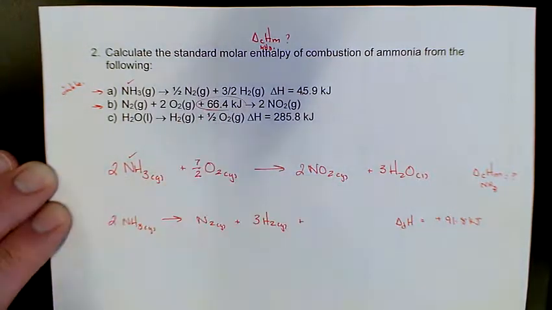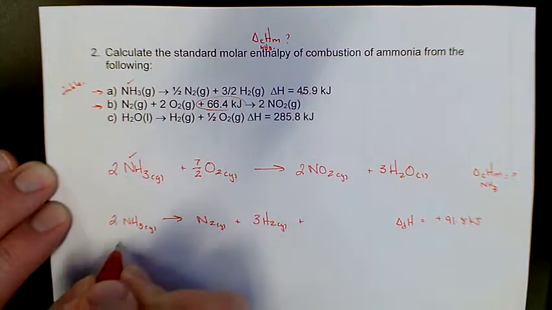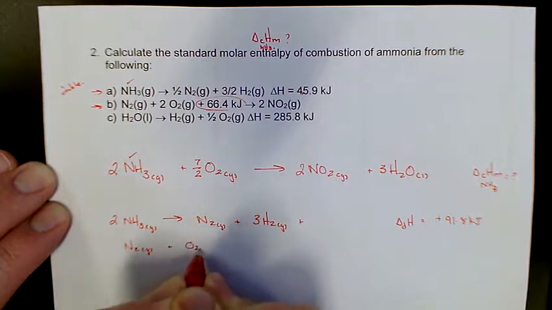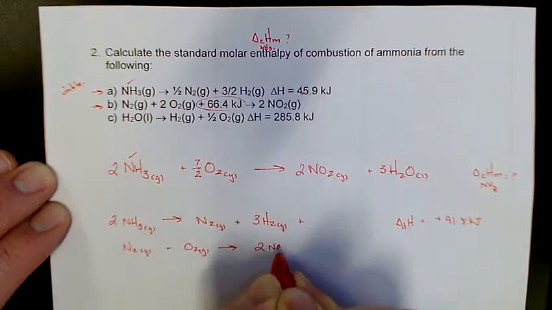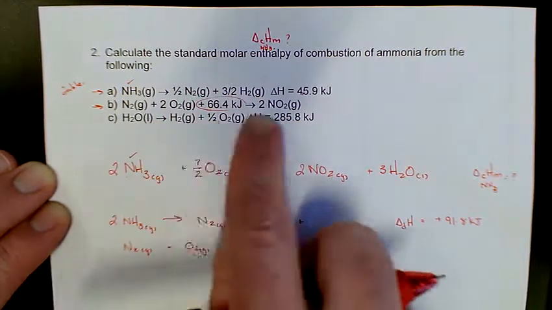But the energy term's a little bit different. So we want to get it as just a delta H out of this equation. So let's write what we have so far. You have nitrogen gas plus oxygen gas to produce for us 2 NO2 gases. Okay, so we've got that. What does this tell us about the delta H?